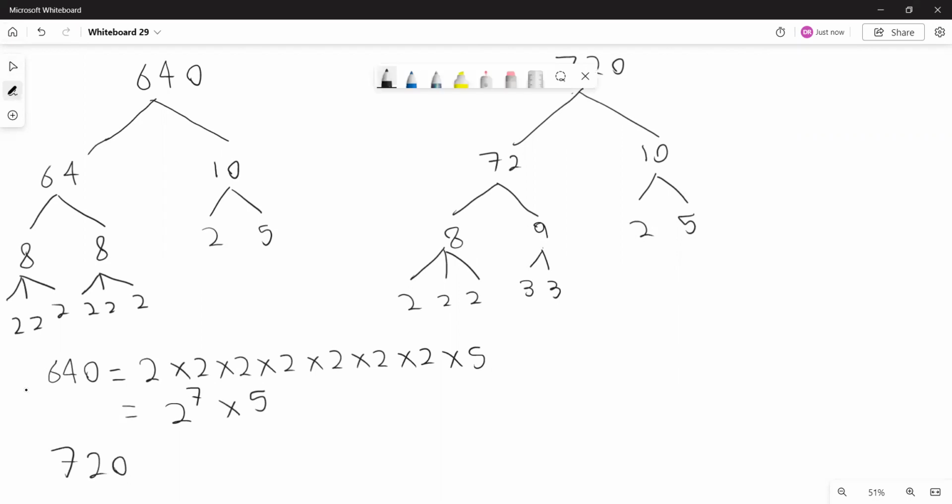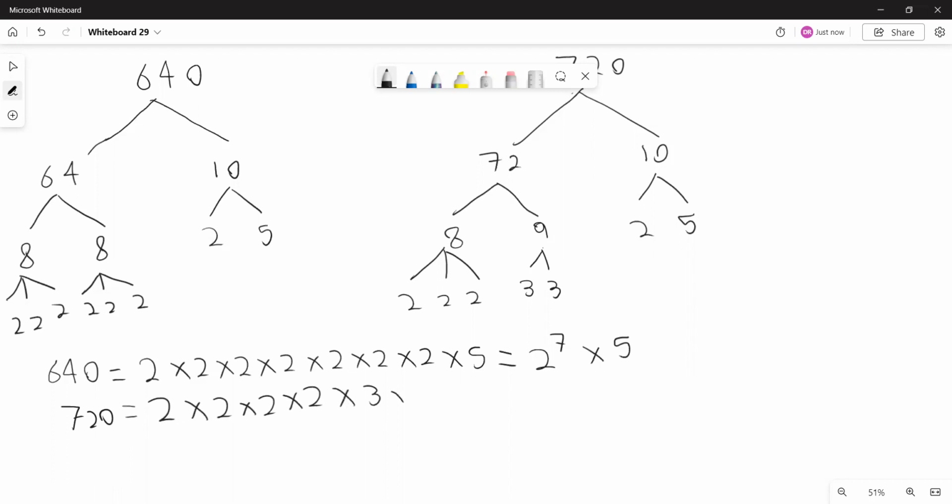Okay, and we're going to write them together. So 720 as a product of primes is going to be a product of 4 twos, 2 threes, and 1 5, or 2 to the 4th times 3 squared times 5.